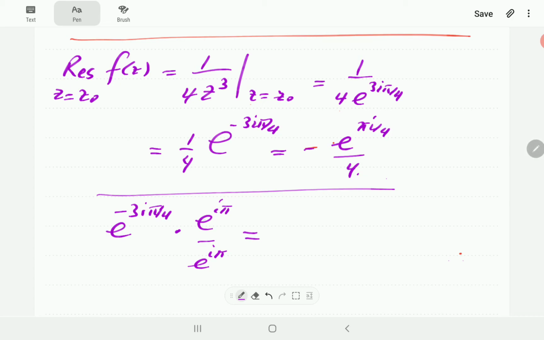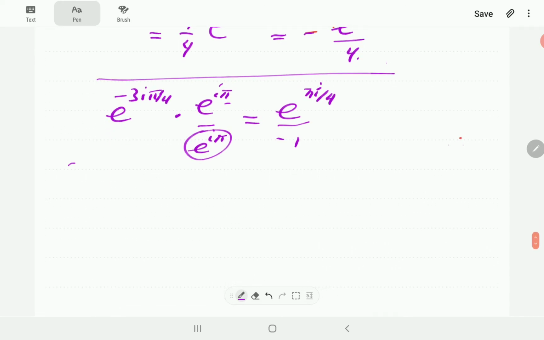So the numerator, if we add these two, it's just going to be e to the pi I over 4, because this is simply 1 minus 3 on 4. And then this is simply negative 1. So that's how we go from here to there.